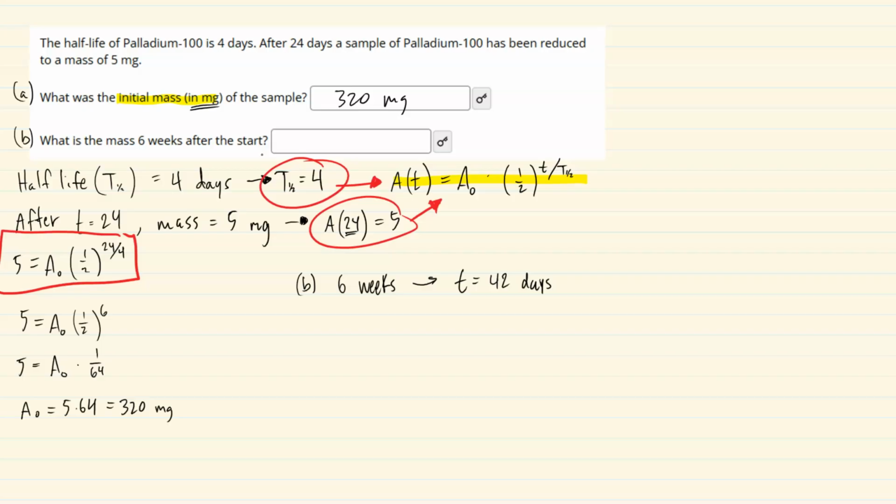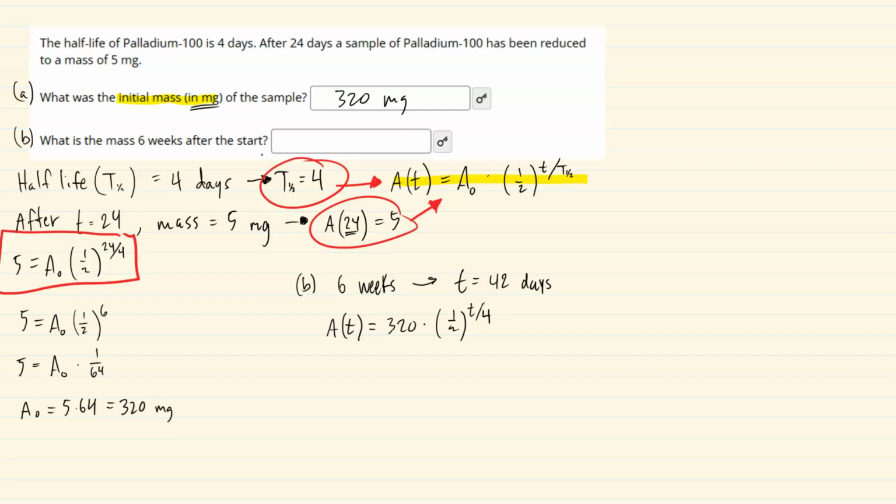All right, and using the information we solved in part A, we have the function A of t equals A sub 0, which is 320, times 1/2 to the t over t sub 1/2, and we know that's 4.